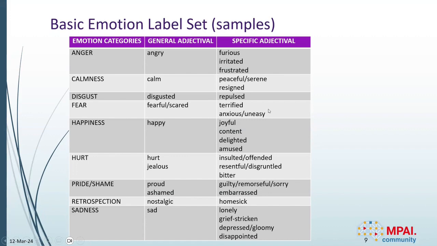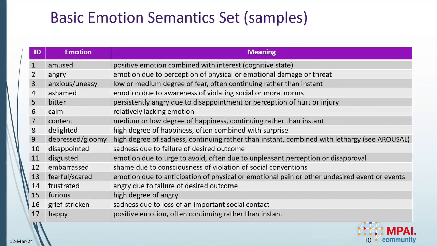And as in the case of the cognitive states, we want to define what we mean. So for instance, angry is, as I said before, an emotion due to perception of physical or emotional damage or threat. But furious, number 15 down here, as a subtype of anger, is high degree of angry.